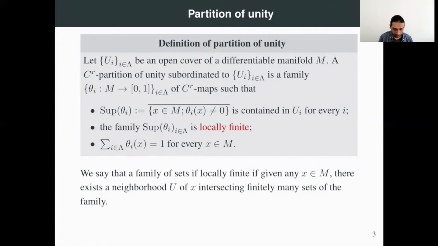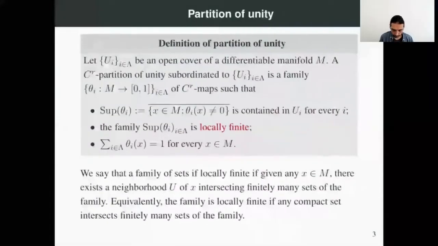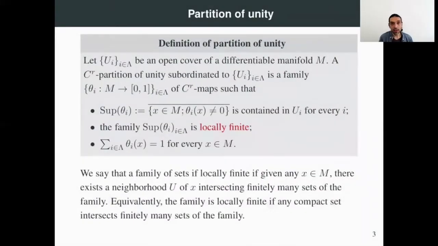Because in that way, this sum becomes a finite sum. And so that's the point where the locally finite condition appears. An equivalent definition for being locally finite is that any compact set intersects finitely many sets of the family.